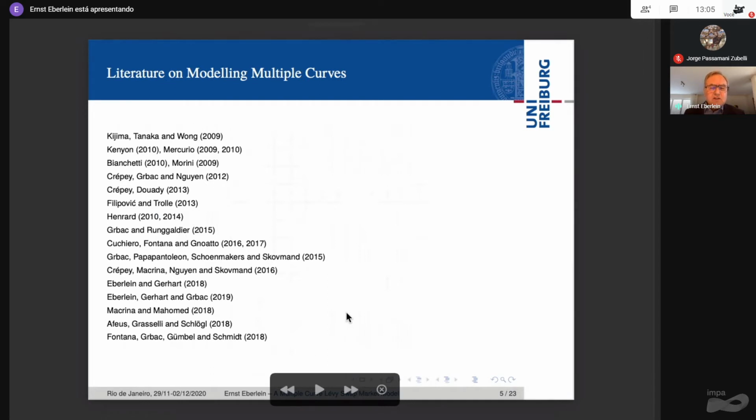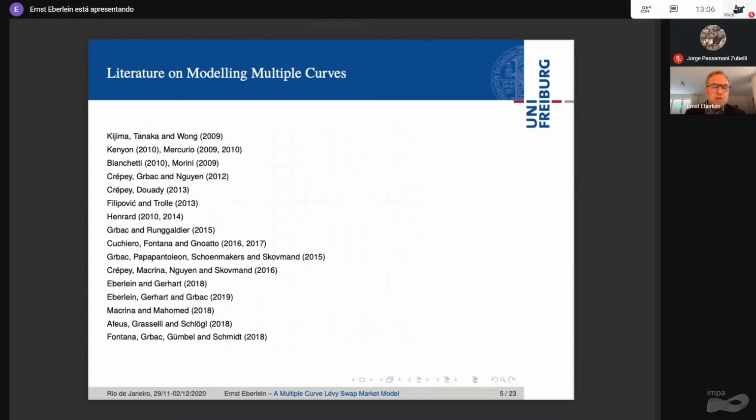Here is a small selection of all the papers which were written in the meanwhile on multiple curve modeling. In developing models for interest rate, one has considerable freedom to choose the basic quantities whose dynamics are specified. So this modeling task started with relatively simple short rate models at the beginning.